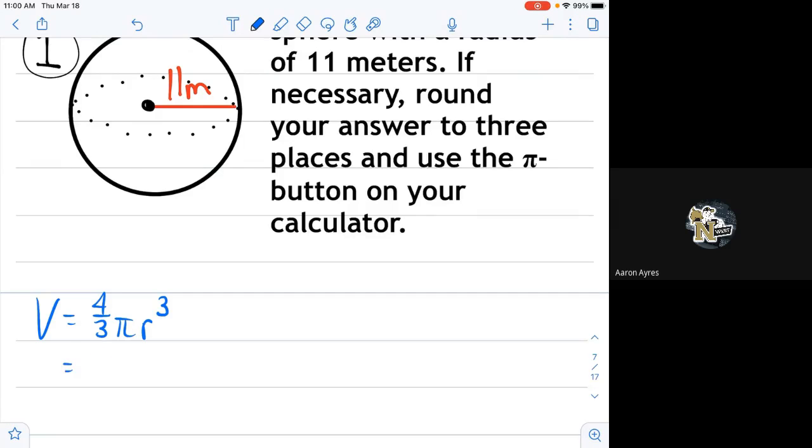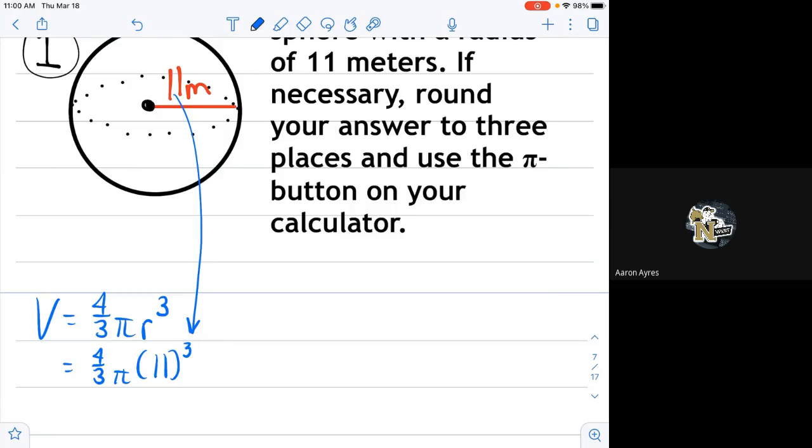So we have 4/3. What's the radius, kids? 11. Now we have to know what 11 cubed is. I believe it's 1331. I could be wrong. It's been a while. 11 times 11 times 11. 1331.